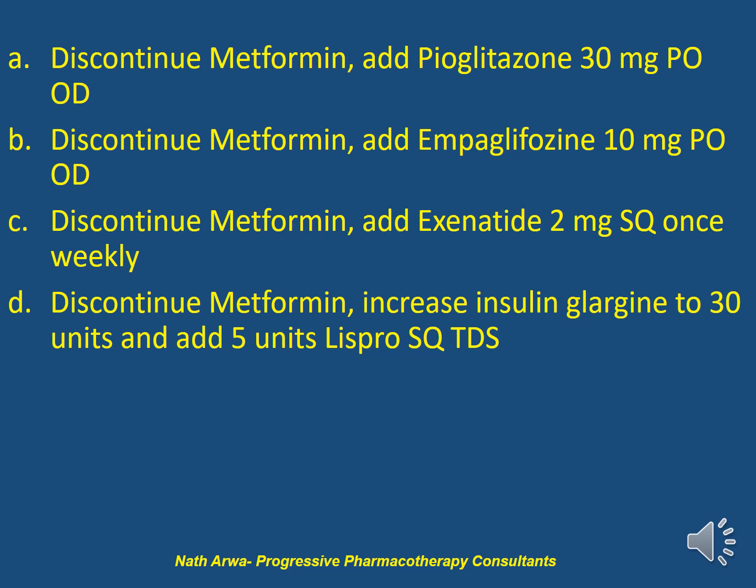Or would you discontinue metformin and increase the insulin glargine to 30 units at night and introduce the bolus insulin of 5 units of Lispro subcutaneously thrice daily at meal time. I'll give you 10 seconds to make a rational decision.